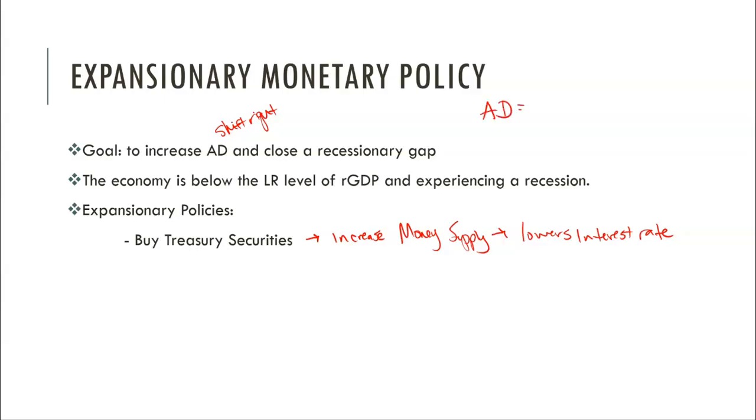Now, if you remember, aggregate demand is made up of consumption, investment, government spending, and net exports. So when interest rates go down, it changes the cost of borrowing, and it changes the opportunity cost of saving and spending.